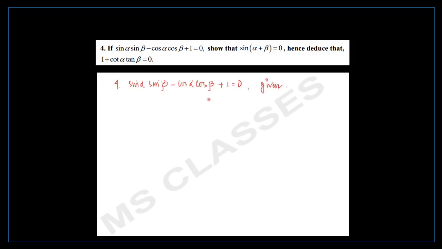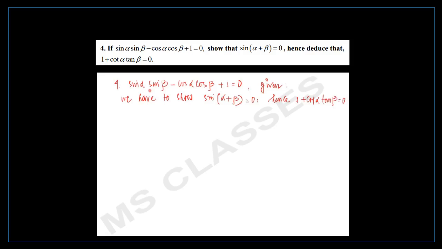First of all, we have to show sin (alpha plus beta) equal to 0, and hence from that result, we have to show 1 plus cot alpha tan beta equal to 0.